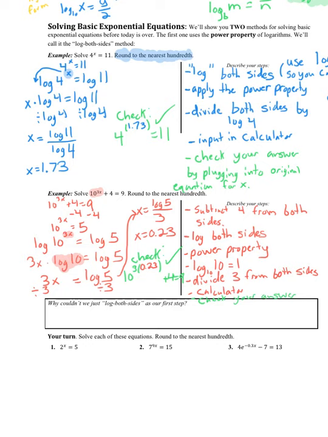And then the note I want to put down here: why couldn't we just log both sides as our first step? And that's the really important part. We need to isolate the base of the exponent on one side of the equation before we can log both sides.